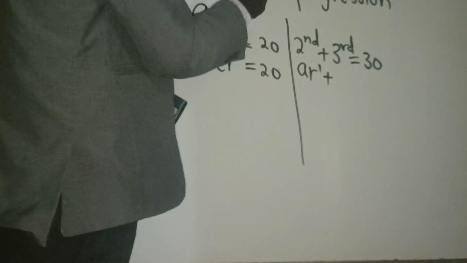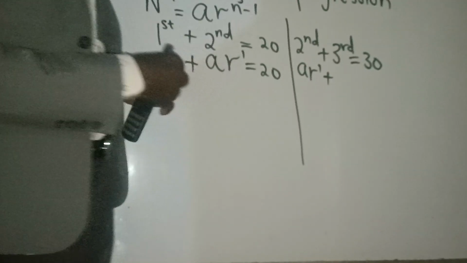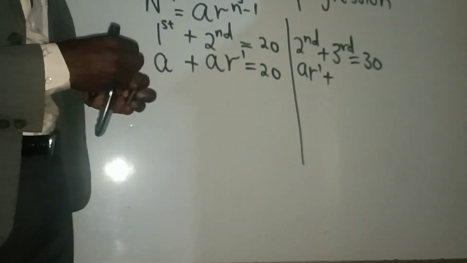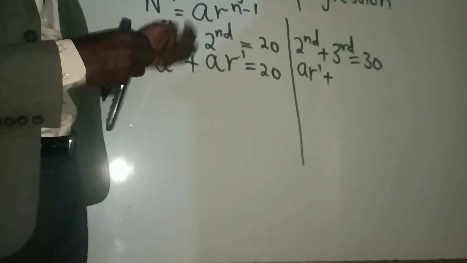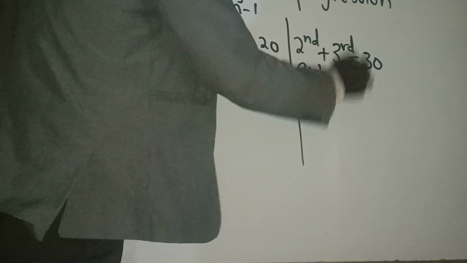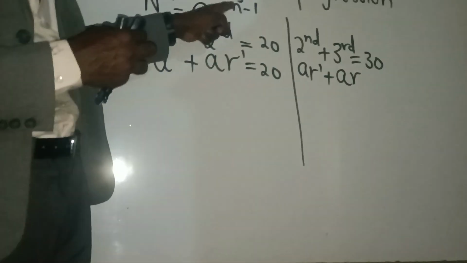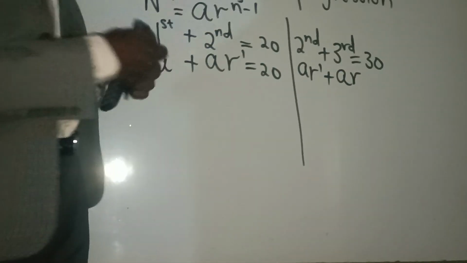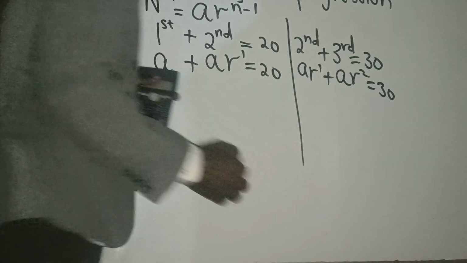I will get back to this formula that gives me the nth term of this geometric progression, and put 3 where there's n. So I'll have A, then I'll write R, then if n is 3, that means it's going to be 3 minus 1, so we'll have 2. So this must give me 30.